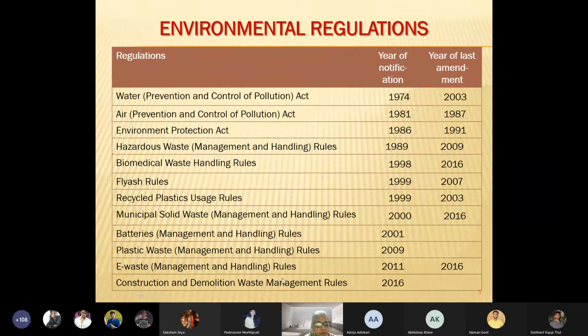those are difficult stories. So anyway, then we come to the last one, which is construction and demolition waste management rules. That's the most recent one in 2016, and that is for taking care of the waste that is generated in both construction as well as demolition projects. Even on campus, you can see many of the old buildings are being brought down, and there is a huge amount of waste of all kinds.